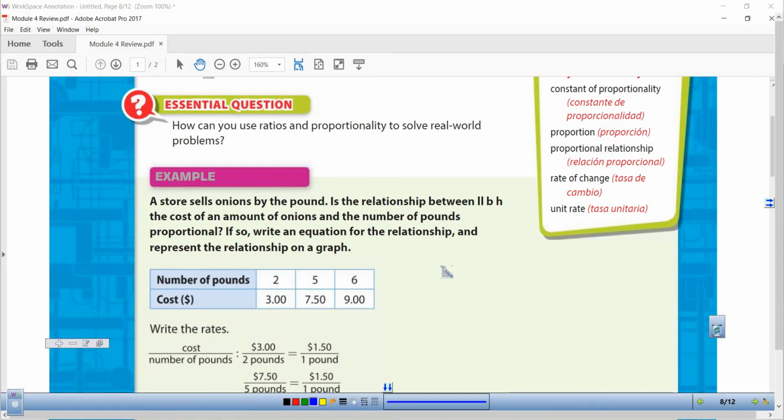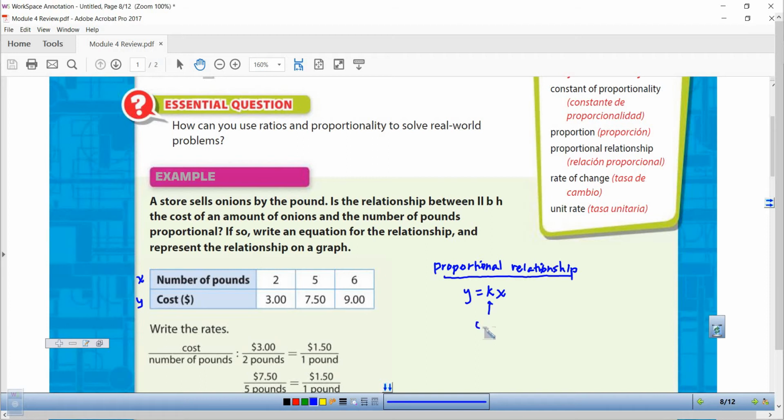All right, so let's talk about a proportional relationship. If there is a proportional relationship between two variables, and usually the variables we refer to are x and y, and on a table, that first one is usually x and the second one is usually y, then y, the second variable, can be found by taking the first variable and multiplying it by a constant.